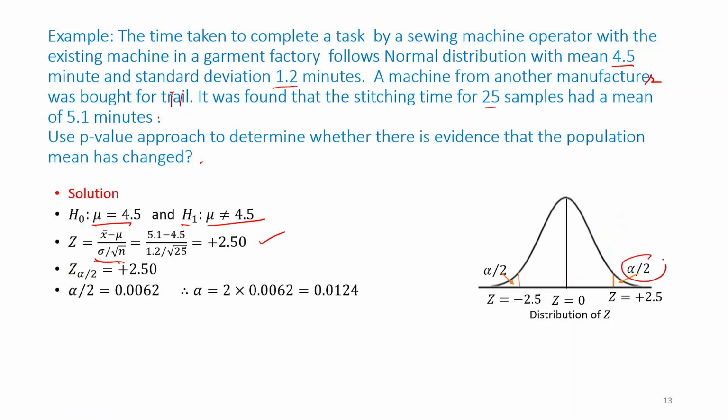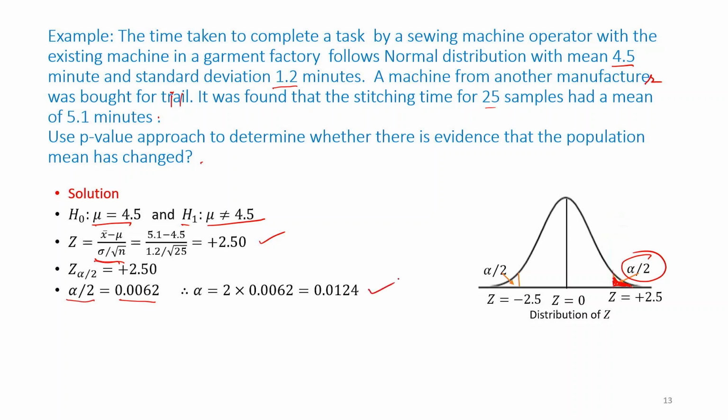So this area we need to know. This area. This is what we are actually interested in knowing, how much it is. So we have to consult the Z table to find out the area. That area is equal to 0.0062, which is basically alpha by 2.